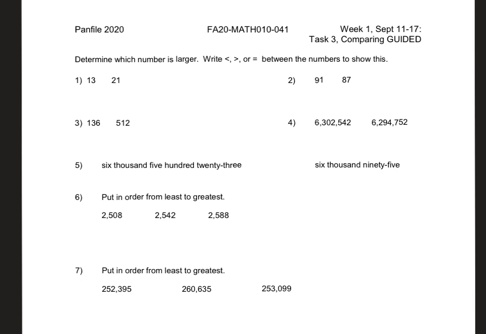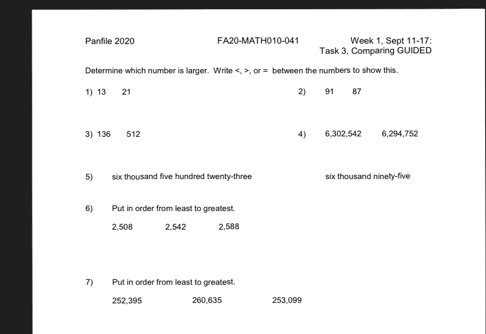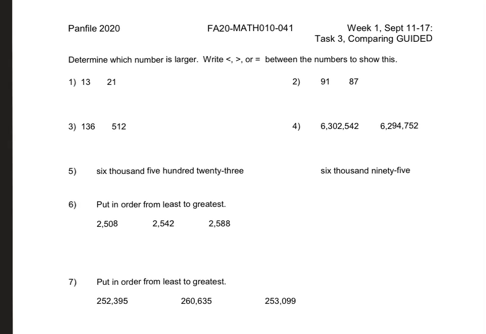Okay, so when we're comparing, we want to determine which one is larger. The alligator, the sign, the mouth eats the bigger number, okay? What that means is, it's crooked. There we go, okay.